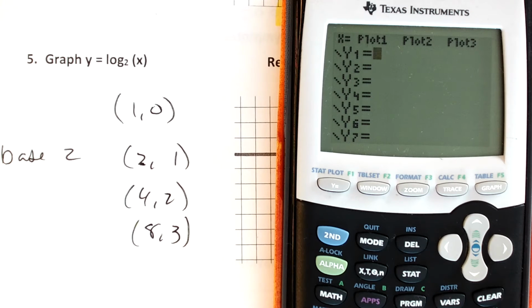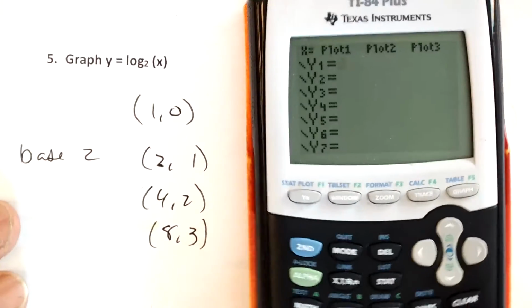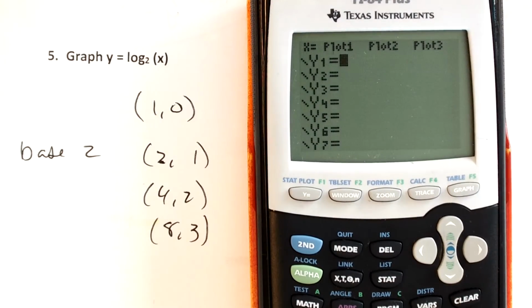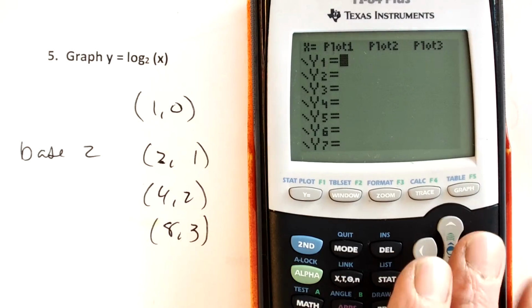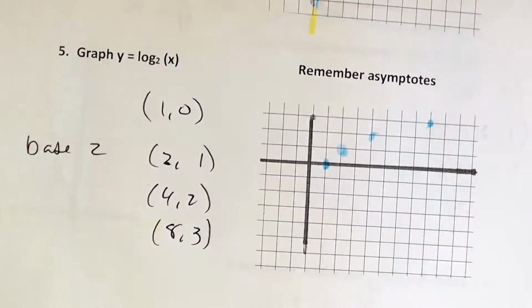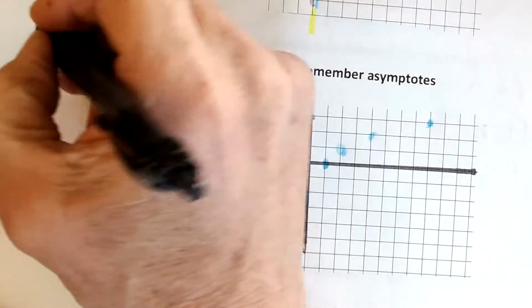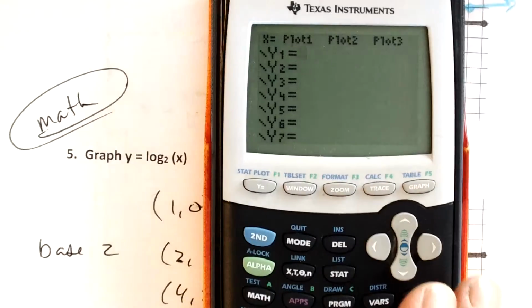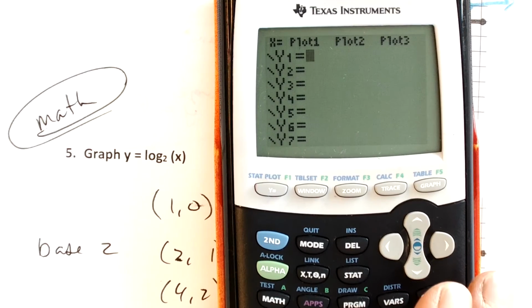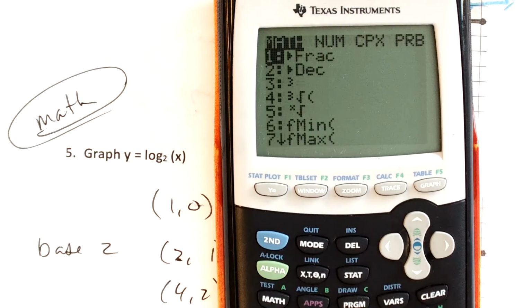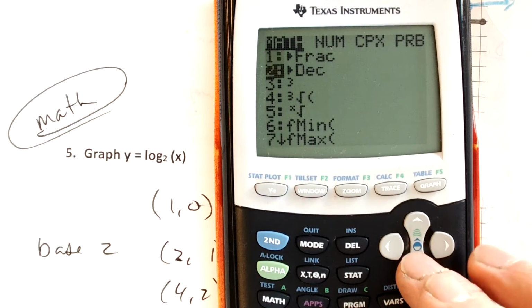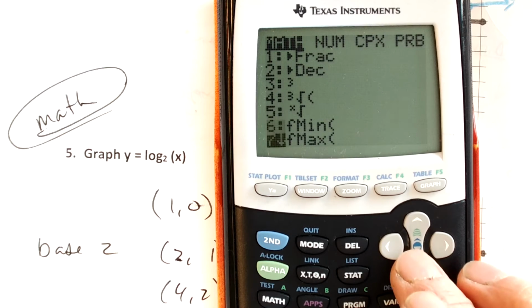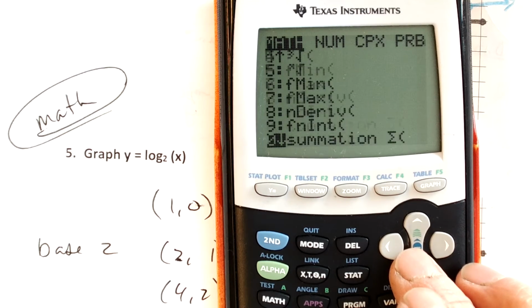So the good calculators will actually do this. We'll go log, but we got to go base. So we got to go math. So we're going to push the math button. Okay, to do this, you got to go find your math button. I'm going to go math, and I'm going to go down, down, down, down, down, down, down, down, down, until I find that.